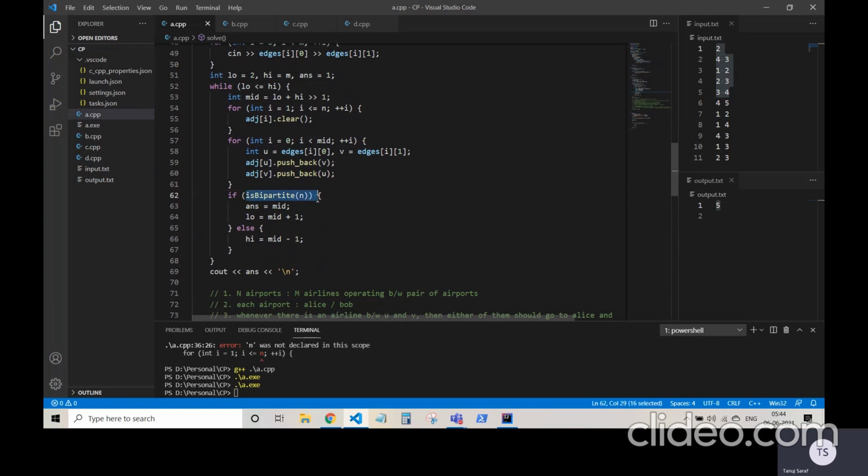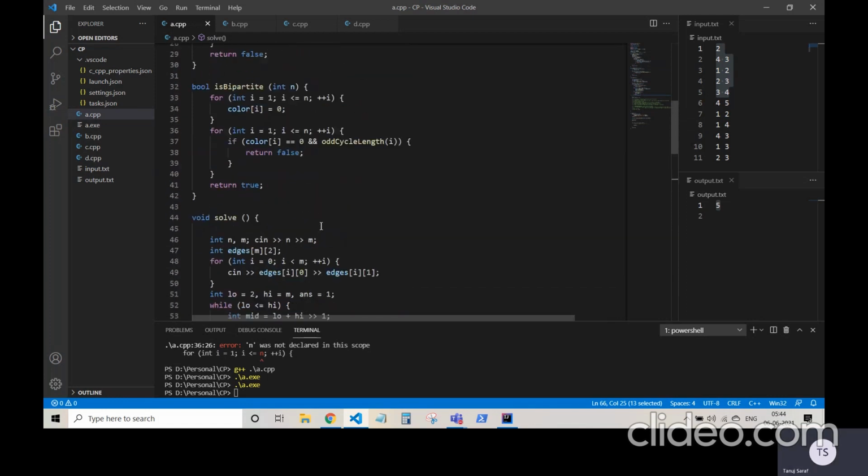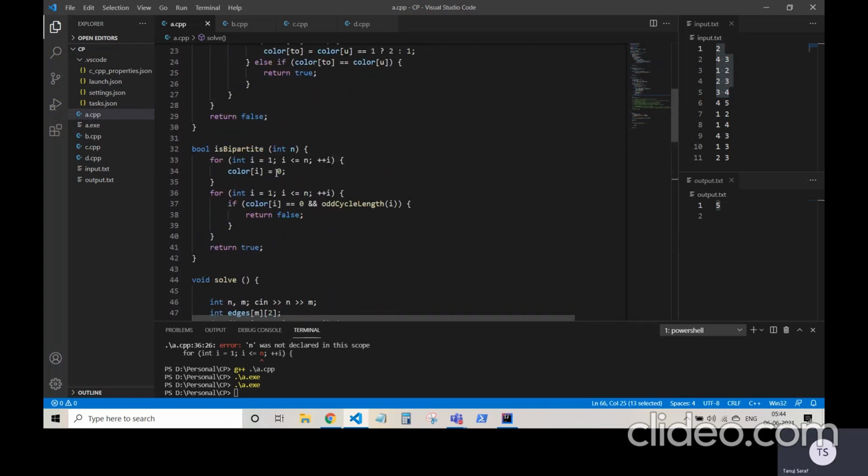If the graph is bipartite, then the answer is mid and low is mid plus 1, otherwise we reduce our search space. This looks good to me. Then in is bipartite, we first initialize all the nodes as not visited.